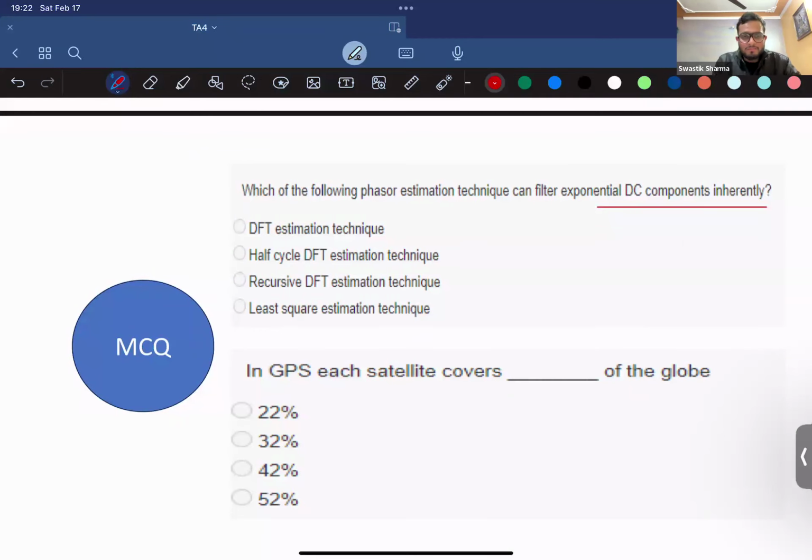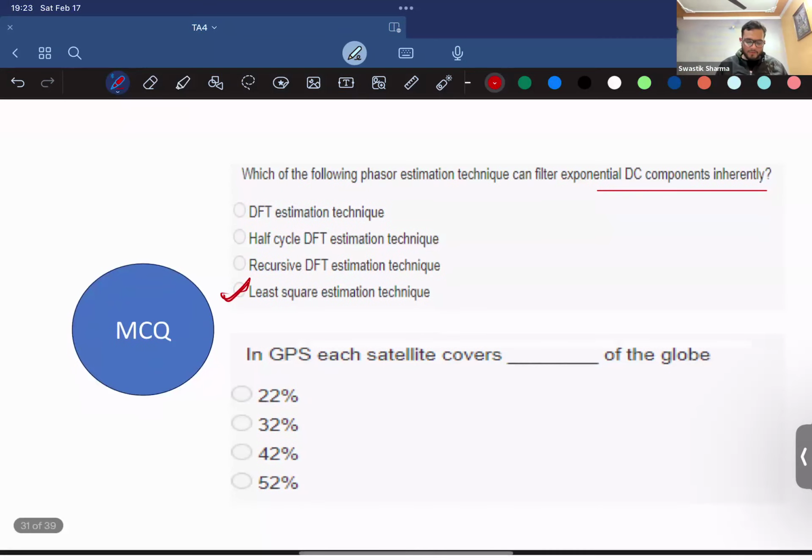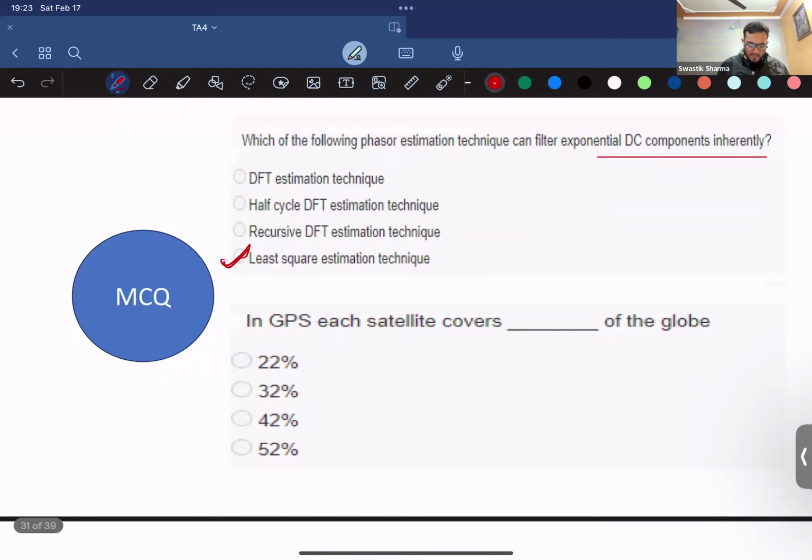It's the least square estimation technique, because an exponential DC component is a component that is going to 0 hertz exponentially, and you can only filter it using the least square estimation technique.